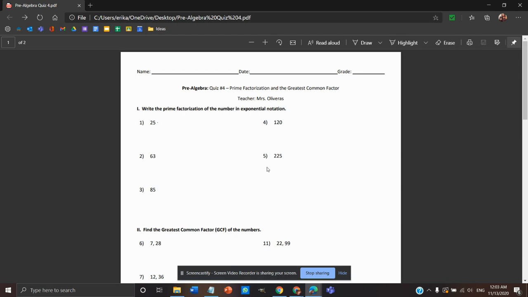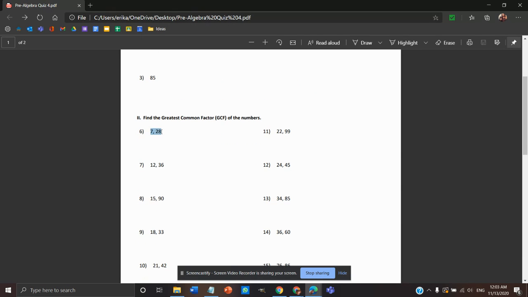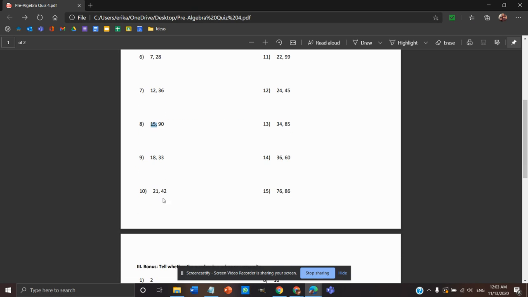Now, when you go to your test, your quiz, that part is going to look like this, with a little comma. And that comma says that you're going to compare the number 7 and the number 28. In this one, you're going to compare the number 12 and the number 36. In this one, the number 15 with the number 90. This one is the number 18 with the number 33, the number 21 with the number 42, and so on.